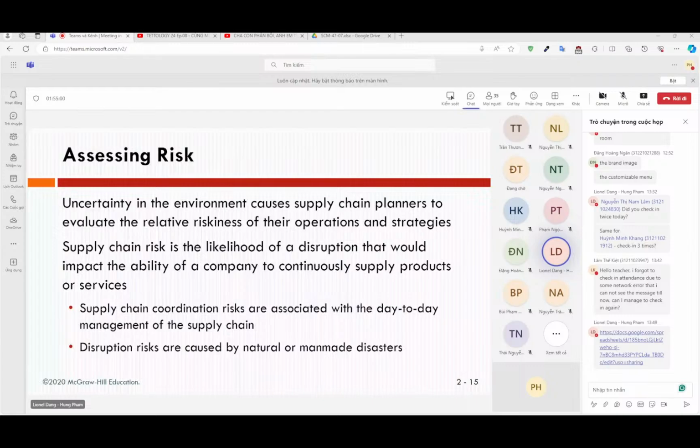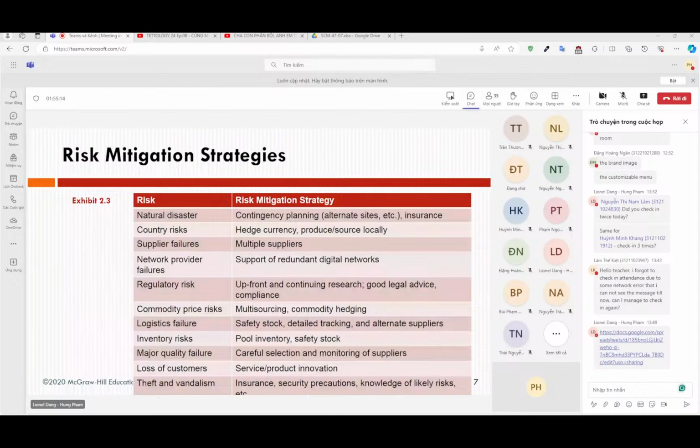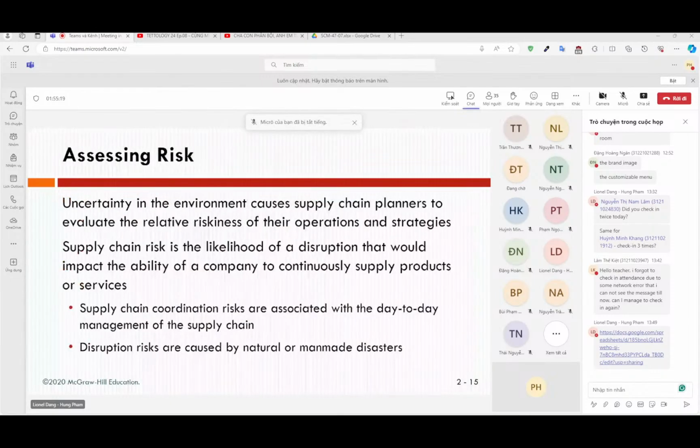Thirdly is the supply chain coordination risk. These are day-to-day challenges faced in managing the smooth flow of goods and information within the supply chain. This includes issues like communication breakdowns, inefficient processes, supplier compliance problems, and demand forecasting errors.